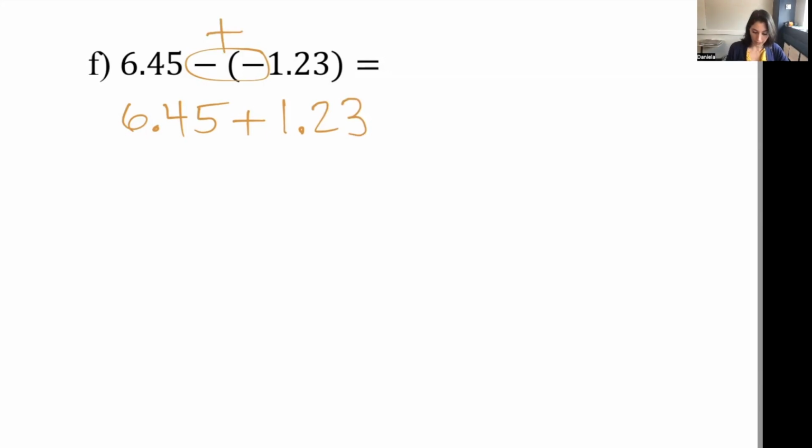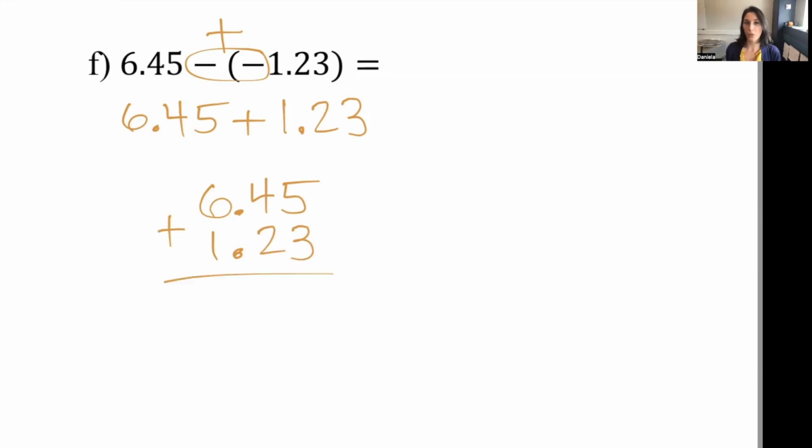And so when you are adding and subtracting decimals, you always want to make sure that the decimal points are aligned, right? And notice they already both have 2 decimal places, so you want to make sure those are stacked, right? So 5 plus 3 is 8, 4 plus 2 is 6. Notice I'm staying very organized. The decimals should be in line, and 6 plus 1 is 7.